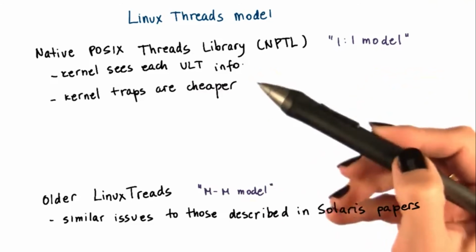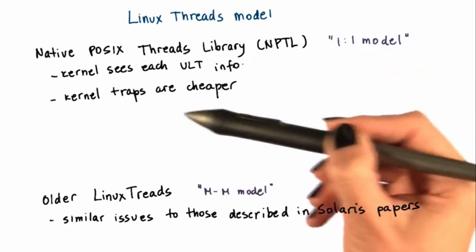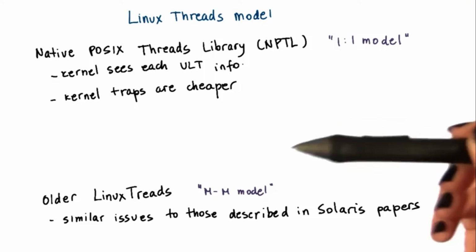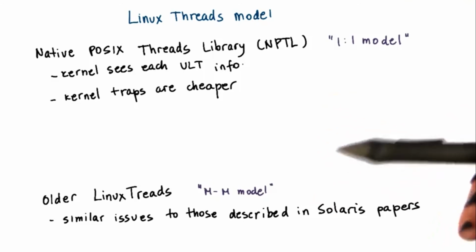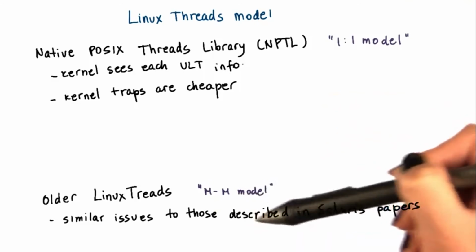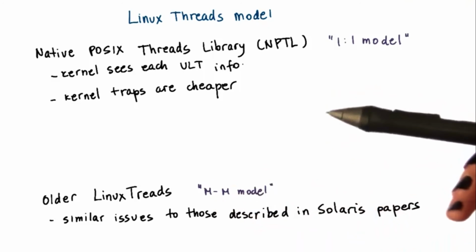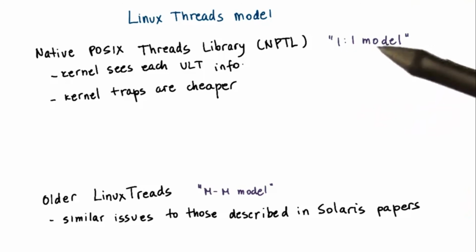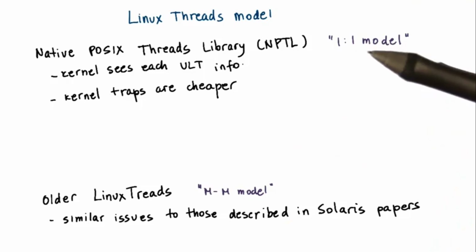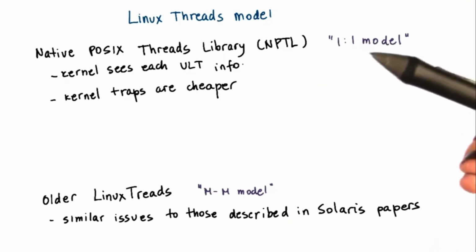This is made possible for two reasons. First, the kernel traps have become much cheaper, so the user-to-kernel level crossing that we've been trying to avoid in part with this many-to-many model has become much faster, and so we can afford to go to the kernel and update the kernel-level signal mask.